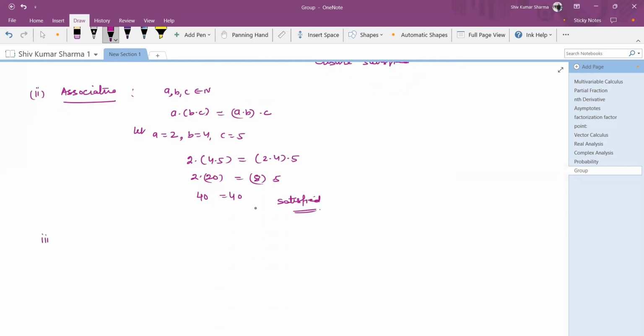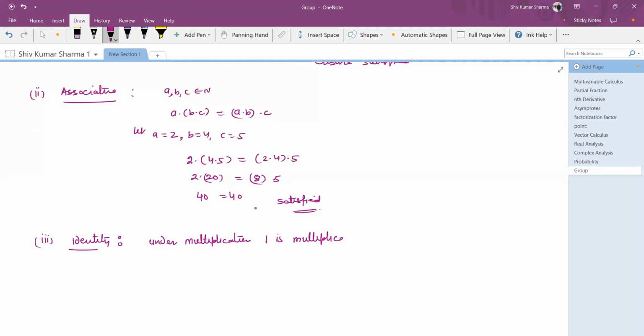Now we move to the identity. The third property is the existence of identity. You know that under addition, 0 is the additive identity, and under multiplication, 1 is the multiplicative identity.